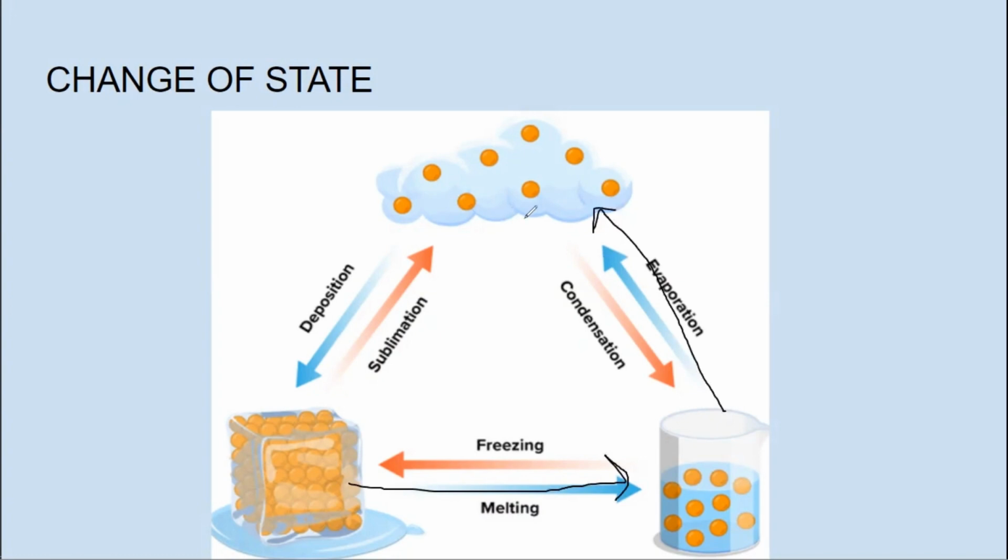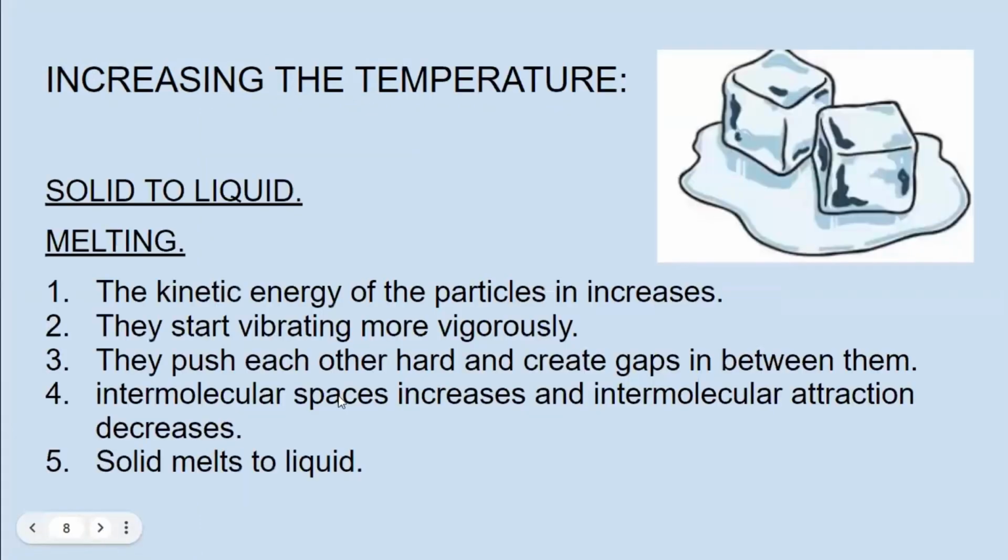If you have to come back from gas to liquid, you have to decrease the temperature, and liquid back to solid, you have to decrease the temperature more. So how does change of state take place? Change of state from solid to liquid, liquid to gas, and vice versa takes place by the change in temperature. So what will happen when you increase the temperature?